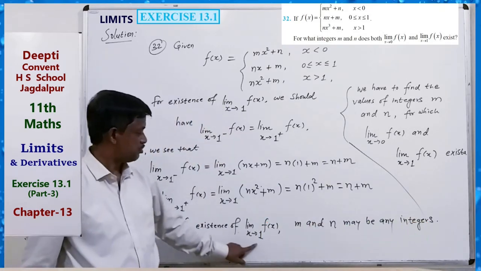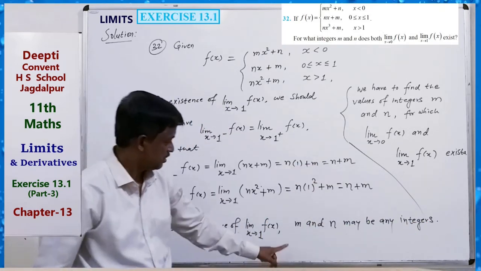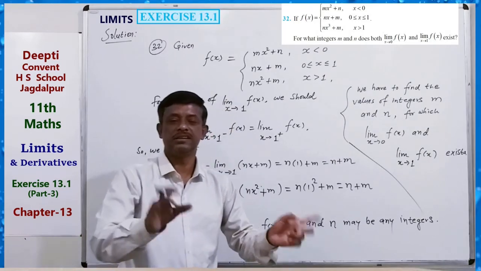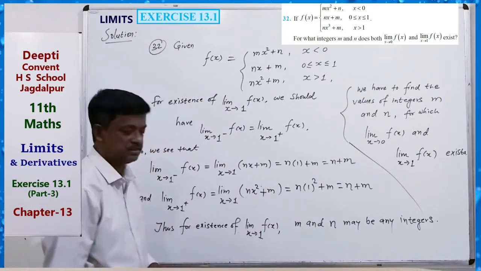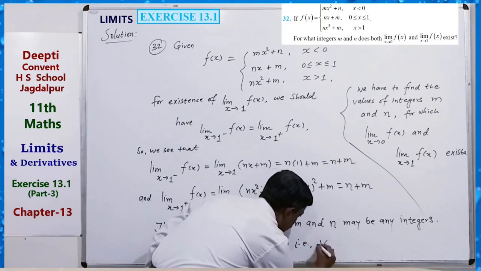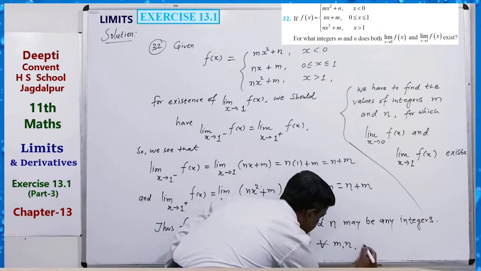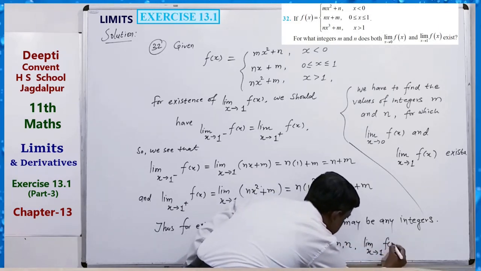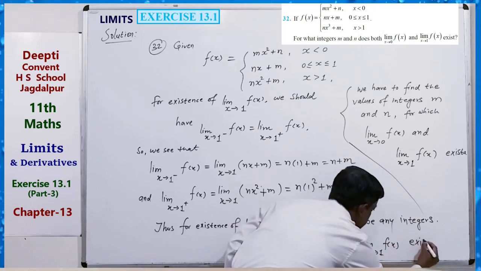Thus, for existence of this second limit, m and n may be any integers. For all integers m and n the limit exists. That is, for all m and n limit x tending to 1 f(x) exists.